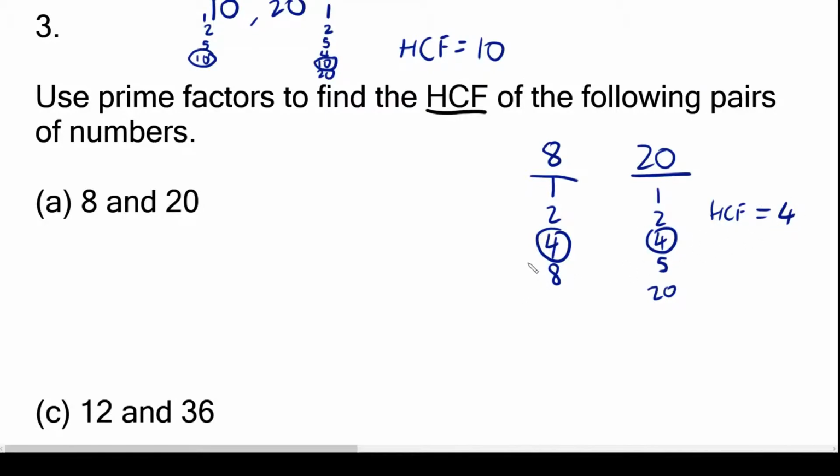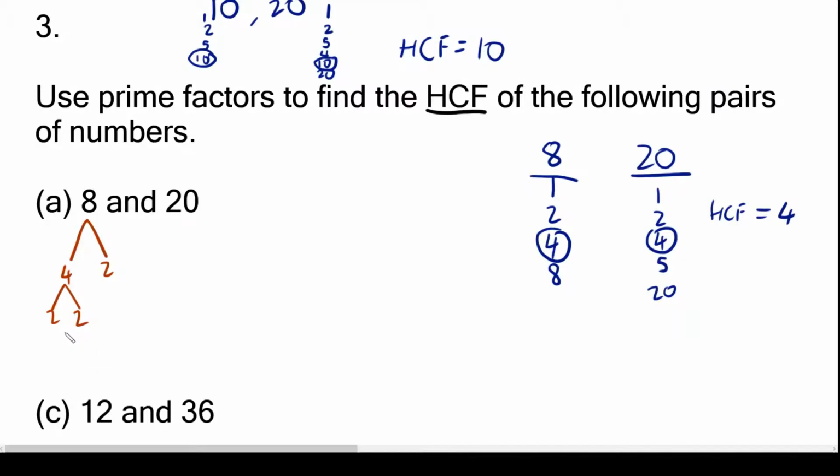All right, let's see if we can figure that out using prime factors. Okay, so for 8, we draw out our factor tree. It's going to be 4 times 2 and then 2 times 2.